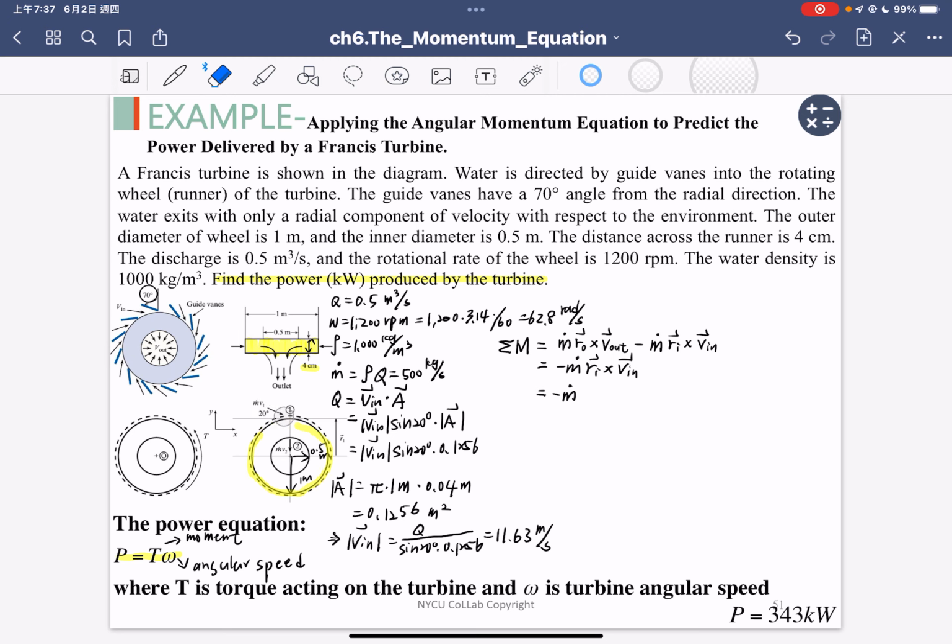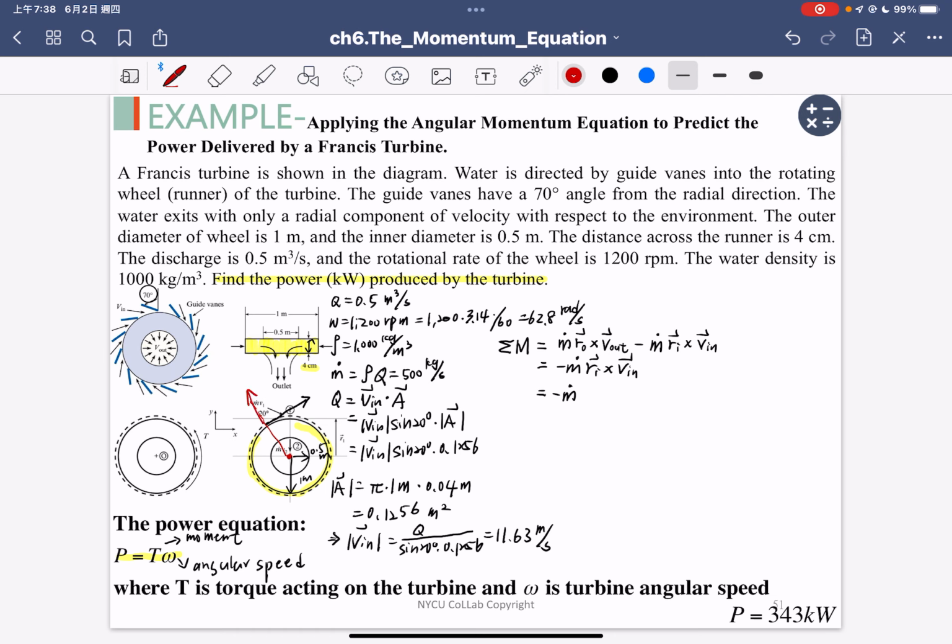So I erase here, and we need to project the velocity onto these directions. We have a radius distance along the casing center in this direction.